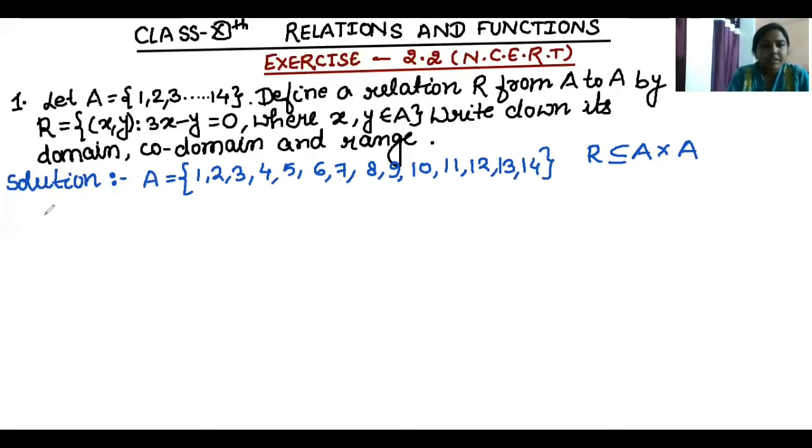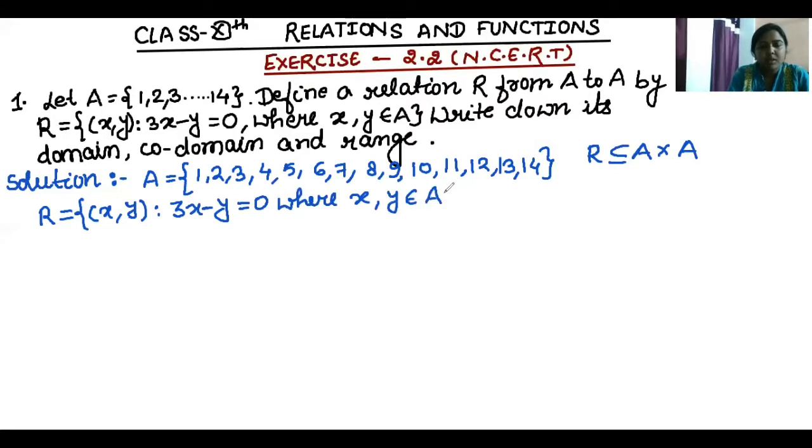And R is given here: R equals {(x, y) such that 3x minus y equals 0}, where x, y both belong to A, because R is a subset of A cross A. So first of all, we have to find the elements of R. One by one we will find them.